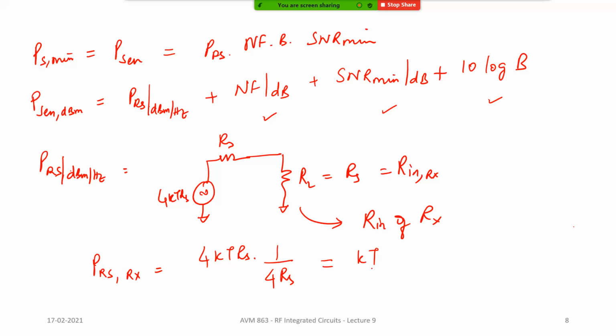Now if you take 10 log of kT divided by 1 milliwatt, you will see that it is approximately minus 174 dBm per hertz at room temperature, 300 K. You can calculate this and you can see.